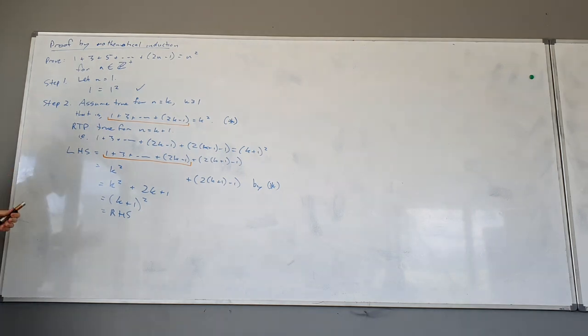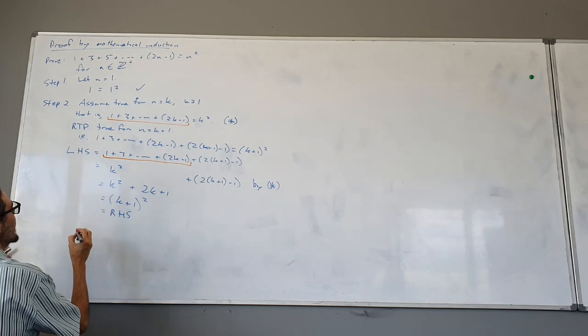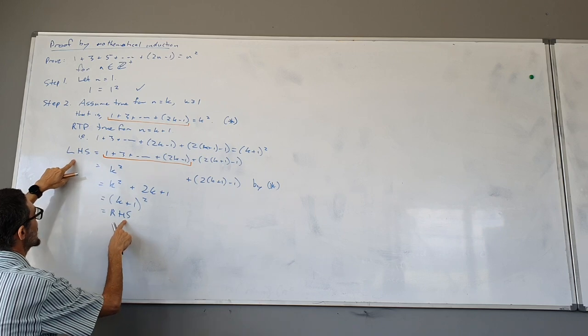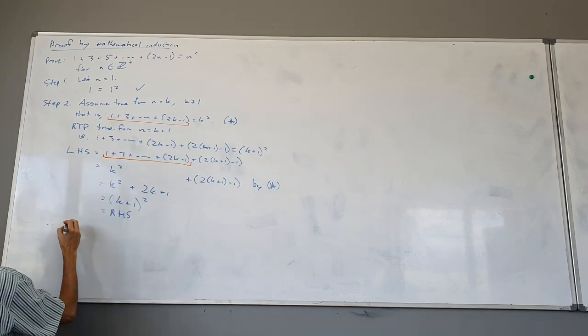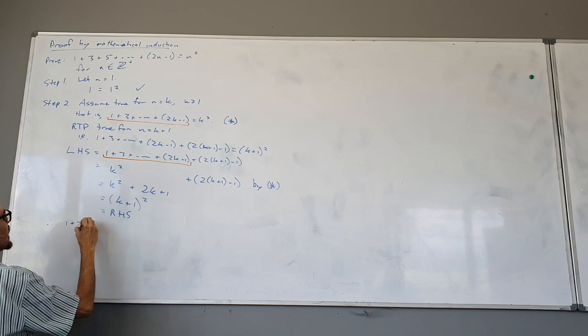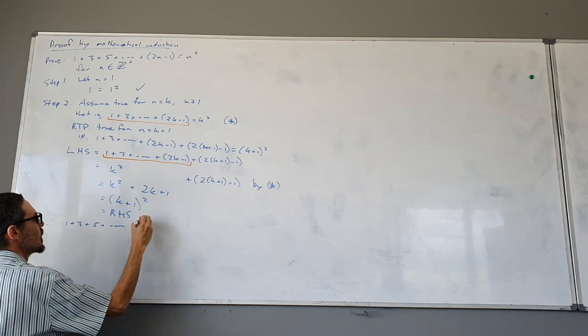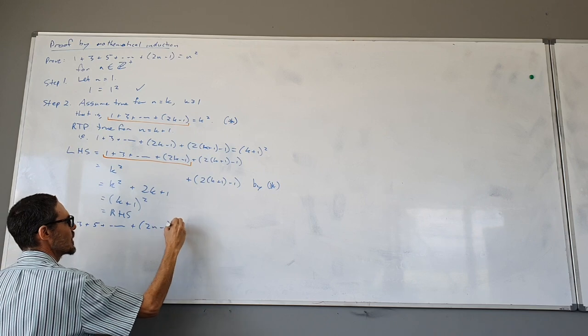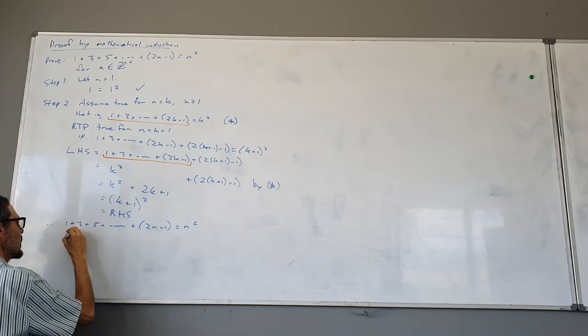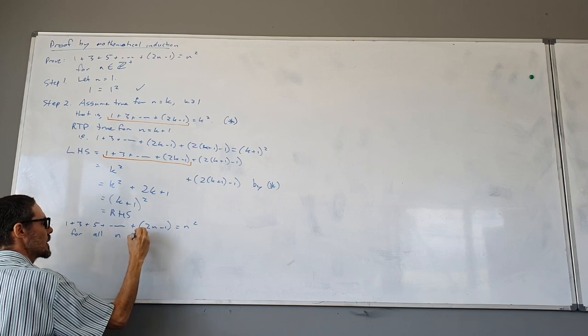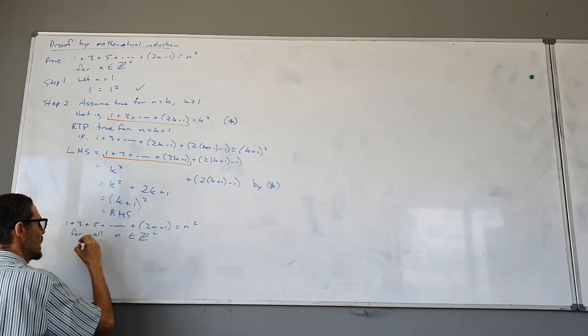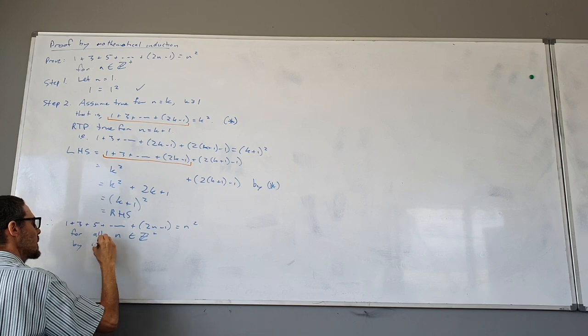So we then finish with a statement that goes: if it's true for n equals k, then it's true for k plus 1. Therefore, 1 plus 3 plus 5 plus up to 2n minus 1 is n squared for all positive integers n by mathematical induction.